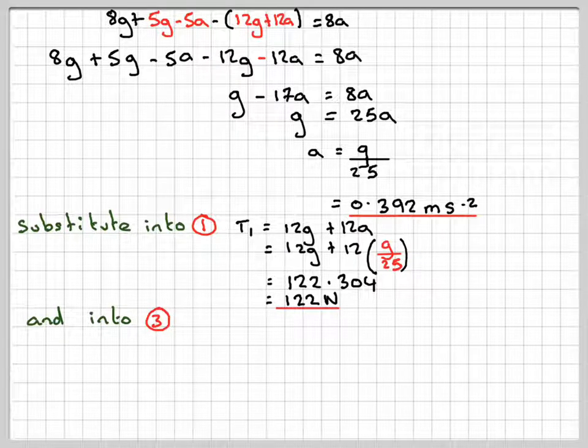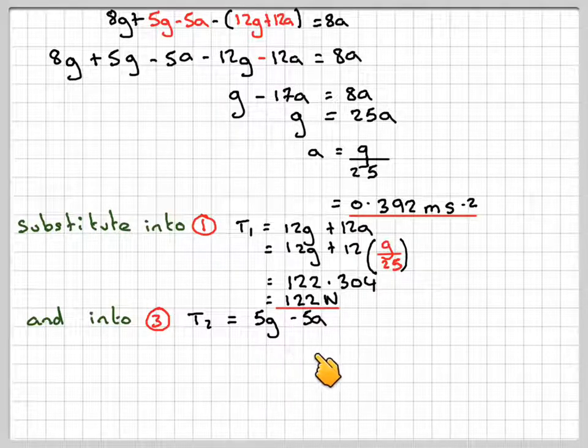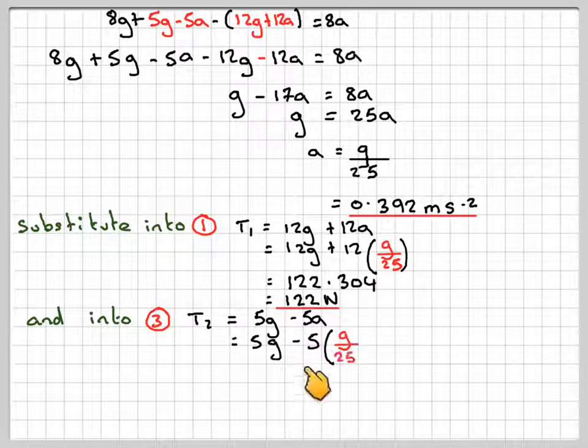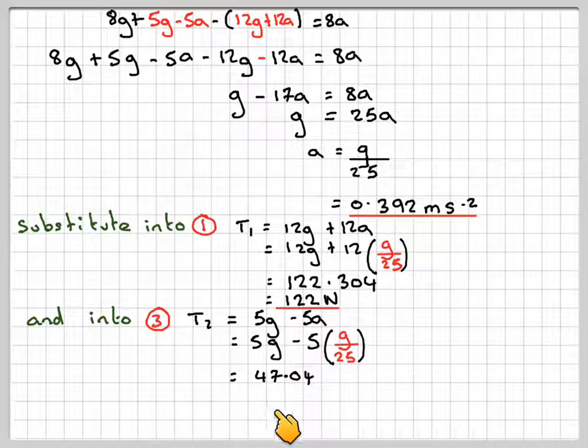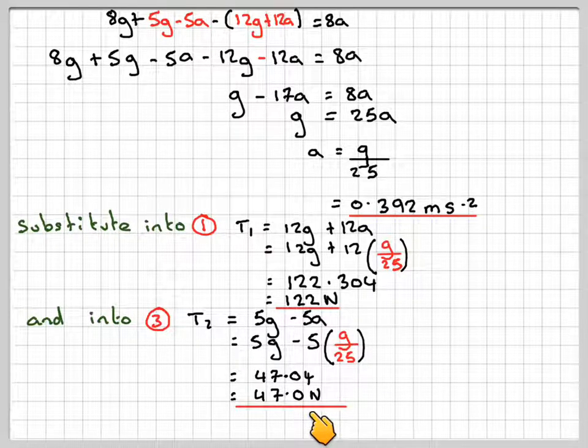Substituting into equation 3, T2 will be 5g minus 5a, which is 5g minus 5 times g over 25, which is 47.04, which is going to give me 47.0 newtons.